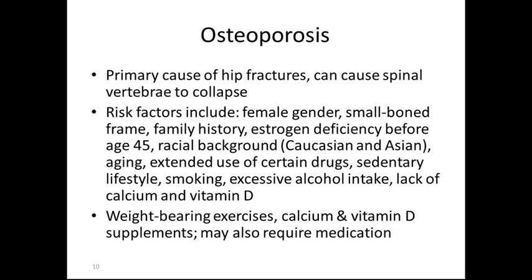Risk factors include female gender, small bone frame, family history, estrogen deficiency before the age of 45, racial background, so Caucasians and Asians, aging, extended use of certain drugs, sedentary lifestyle, smoking, excessive alcohol intake, and the lack of calcium and vitamin D. Weight-bearing exercises, calcium and vitamin D supplements, and some other medications such as Evista and Fosamax are good examples of treatments patients can take to help with osteoporosis.